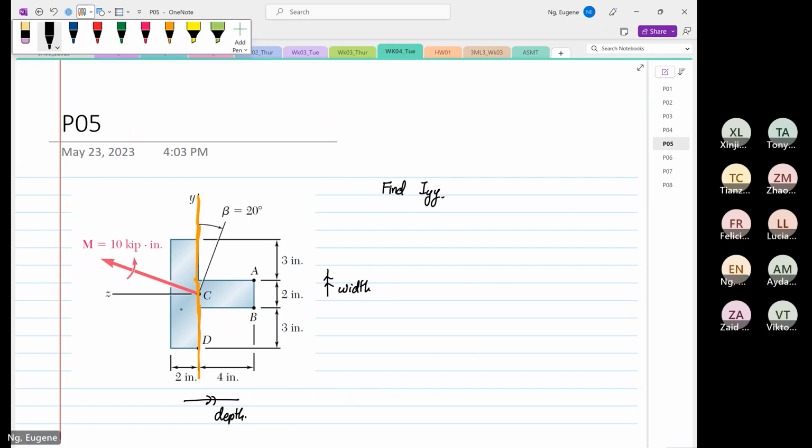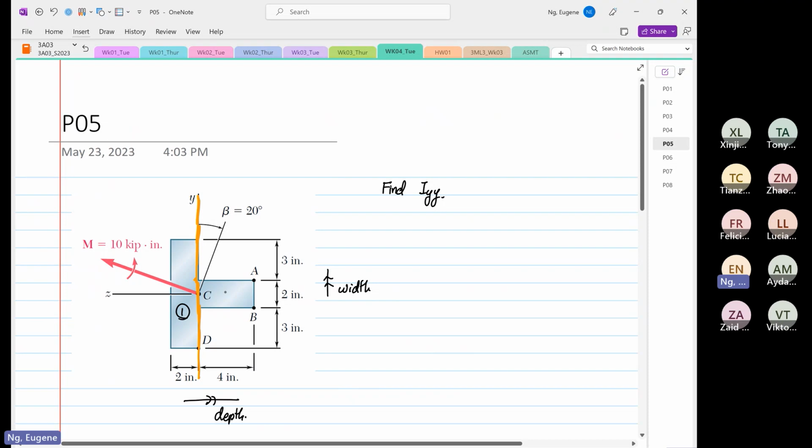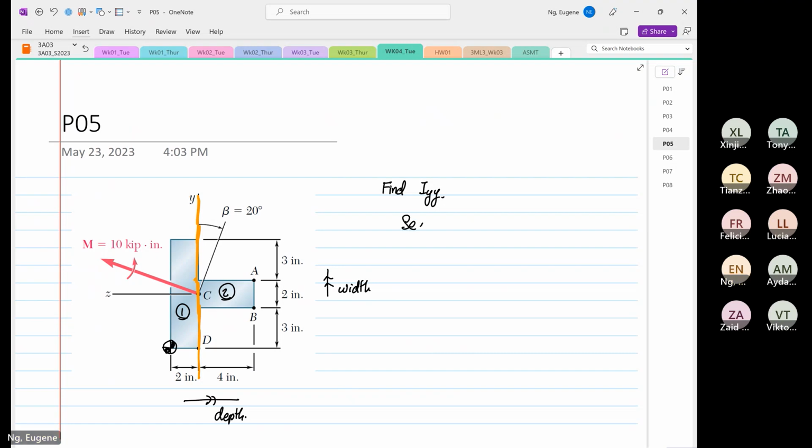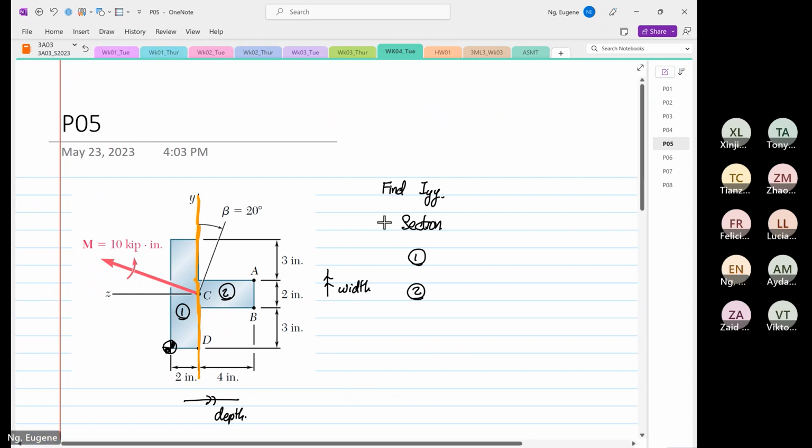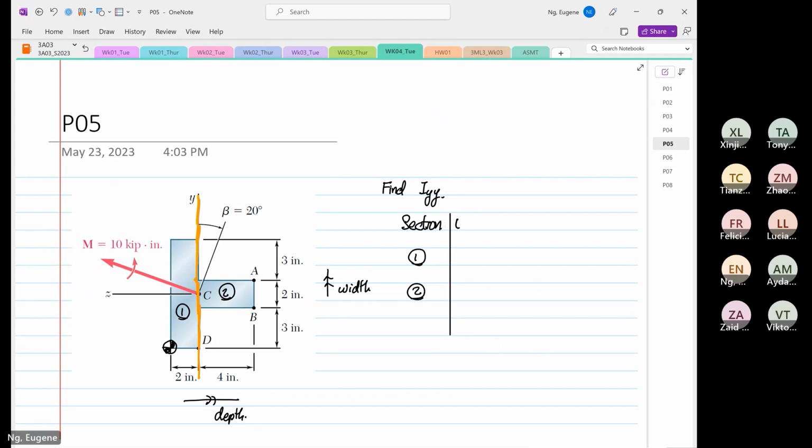Okay, so I'm going to call this our section 1 and section 2, and this is my datum. Okay, everything the datum will be on the left hand side. So we have section 1 and we have section 2. Okay, and then the next one, we are going to have our width and depth, right?